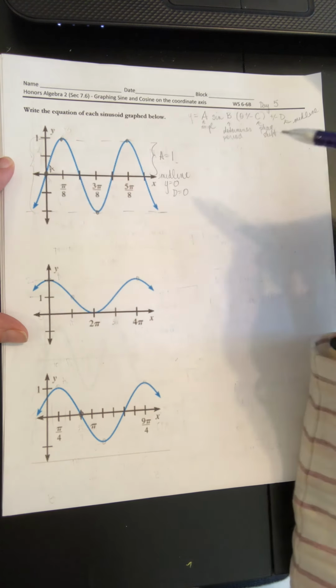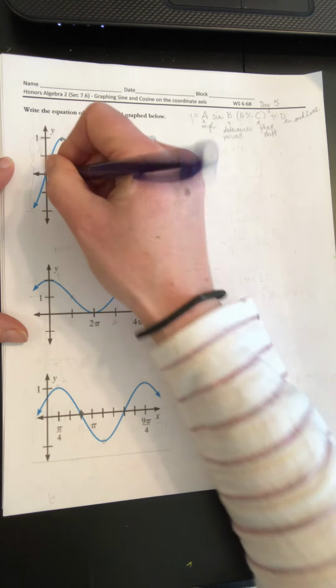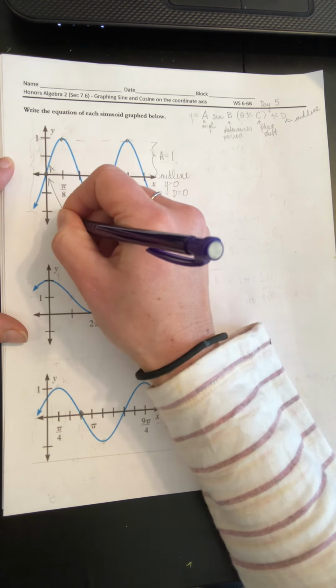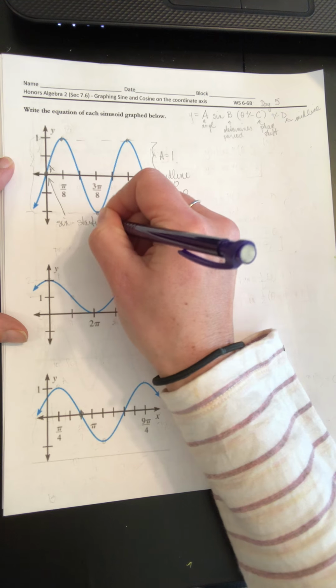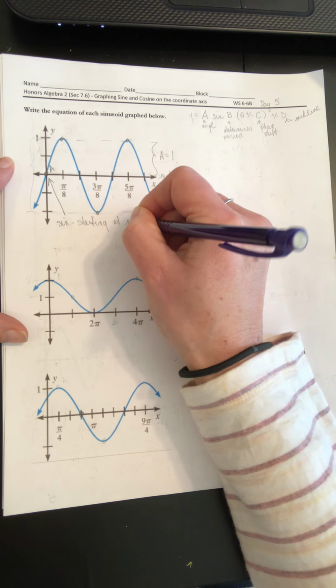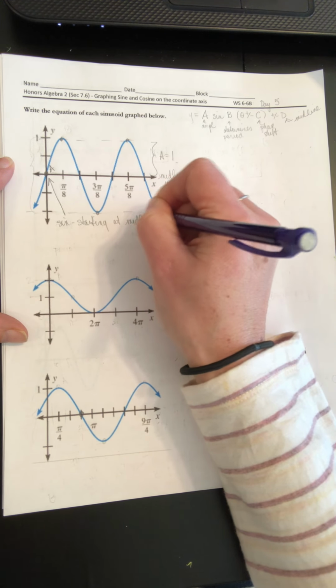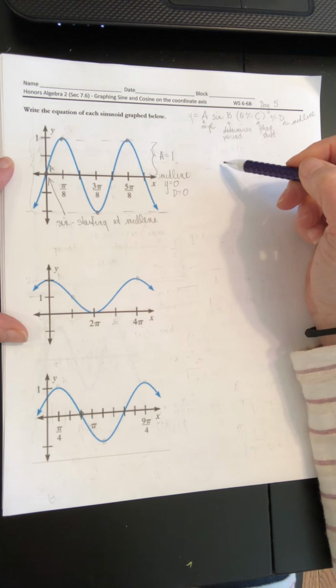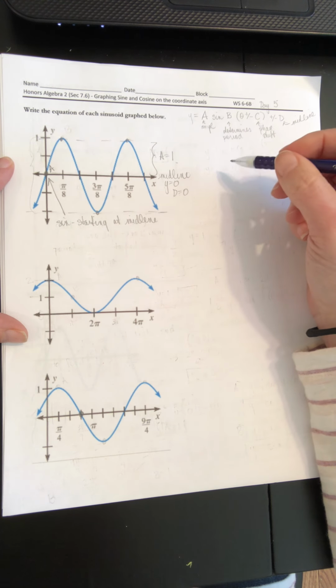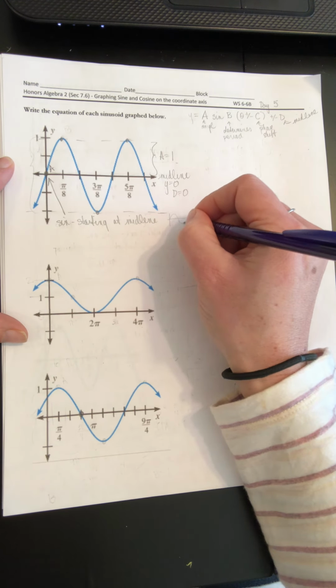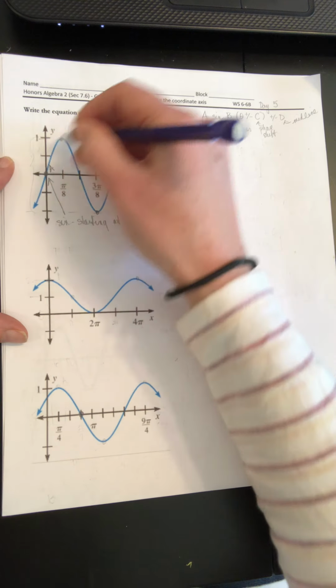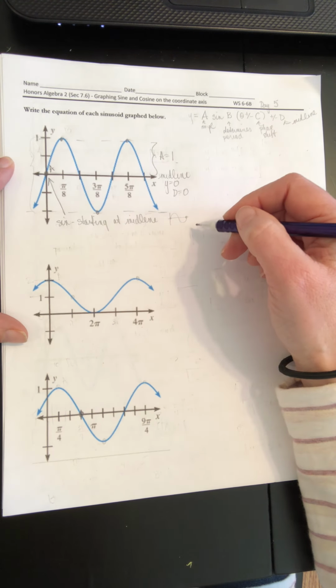If I choose A, that means I'm going to be dealing with sine, because we're starting at the midline. So I'm going to use the sine function to write this. Remember, the sine function usually looks like this, which is exactly what our graph looks like.